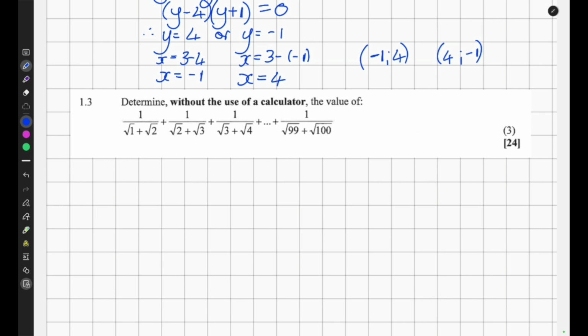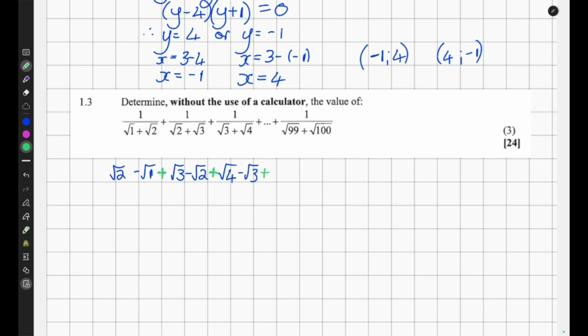My calculator tells me that is going to be √2 minus √1. The next one, if I type that in, it's going to be √3 minus √2. Okay, I'm starting to spot a pattern. If I type in the next one, it's going to be √4 minus √3. Okay, great. Just to show you the separations between them. Okay, so why am I cheating?